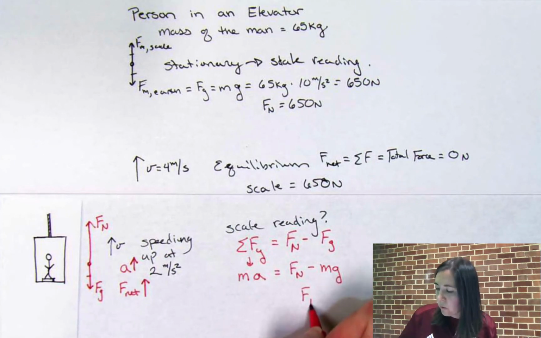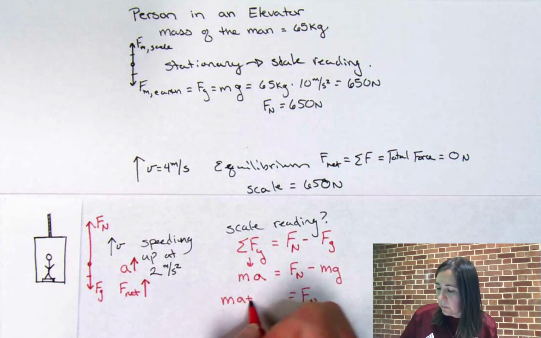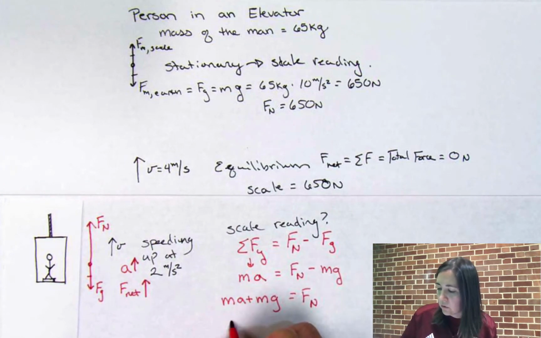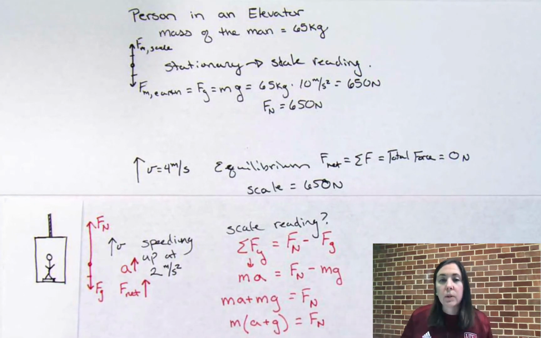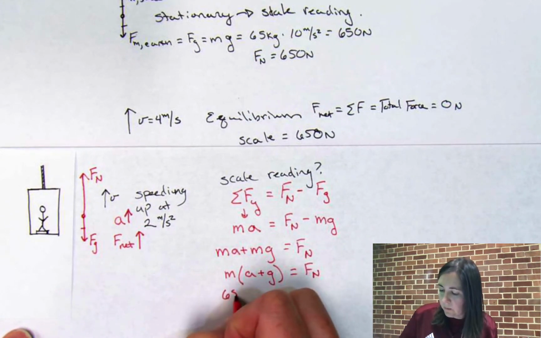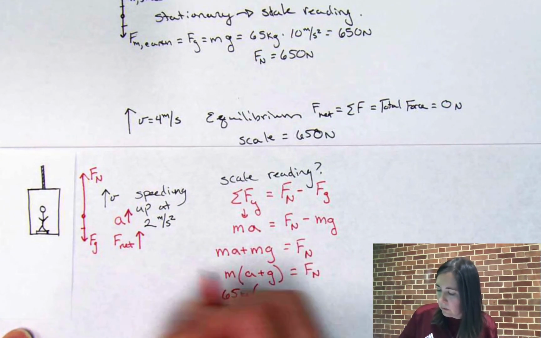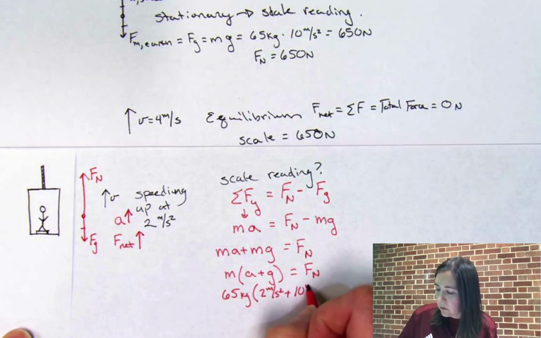So our normal force, or the scale reading, is going to be the mass times acceleration plus the mass times the gravitational field strength, or the guy's mass times acceleration plus g. We can plug in some numbers here if you want. So the mass of 65 kilograms, the acceleration of 2 meters per second squared, plus 10 meters per second squared.